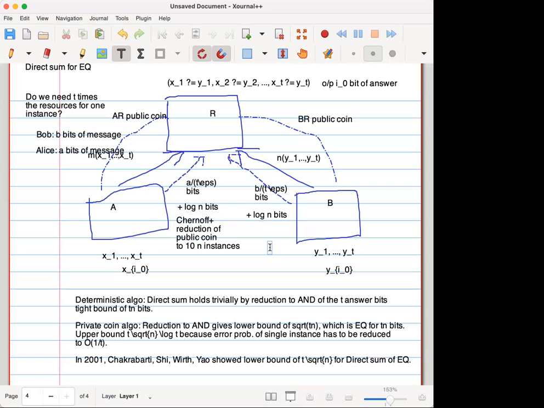This came from there. Maybe I should just say log 10. So this is actually just a 5-6 pages long paper of Newman, but this is the clever insight of Newman, which shows how you can reduce the public coin to log n.